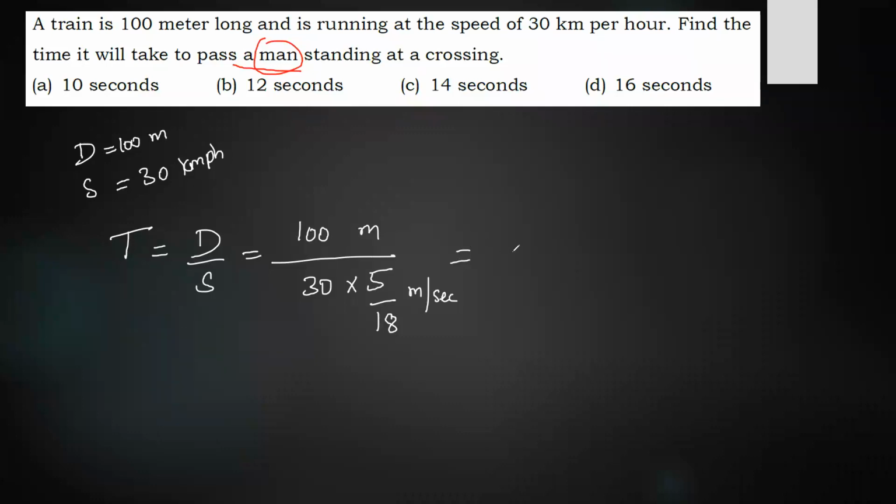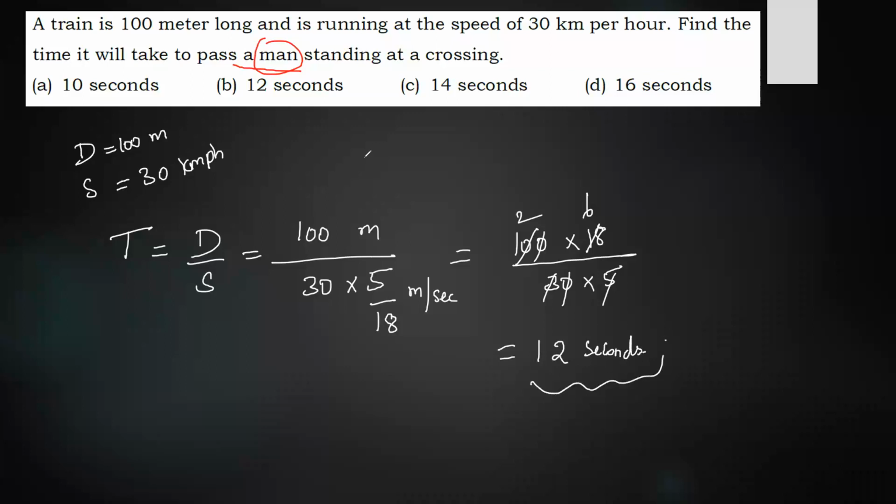Clear? Since we are crossing a man, the distance for the man will be 0, right? So crossing a man, 30 km per hour. Convert into meter per second. Just divide, that's all.